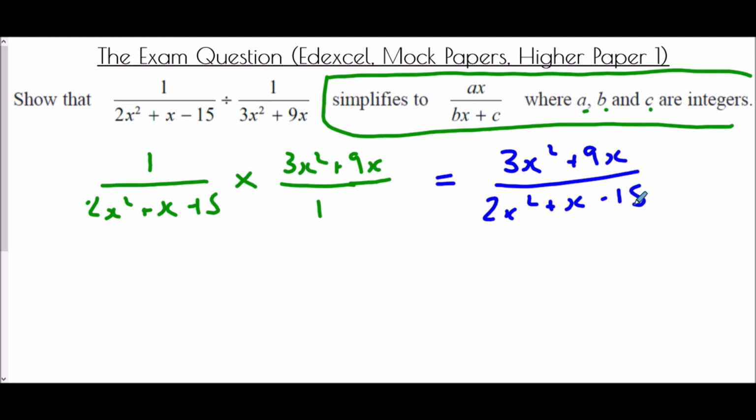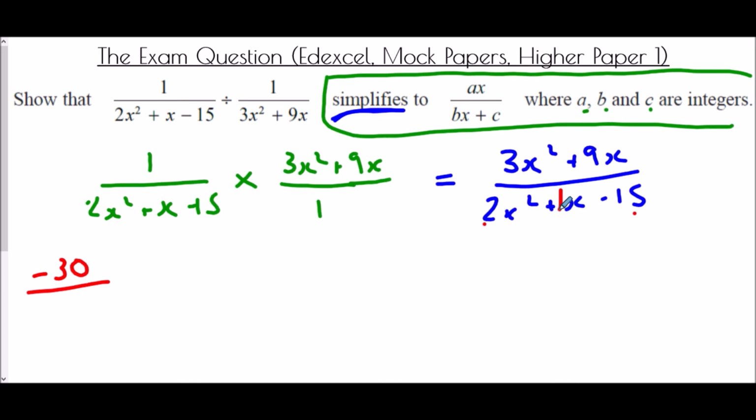Now if I want to simplify that, which it says simplifies to, I'm going to have to do some factorising of each section. So I'm going to begin with the bottom, just because I know that's going to be the slightly more complicated bit. I'm going to do 2 times negative 15, which is negative 30. And I want a pair of numbers which will multiply to make negative 30, but add to make positive 1.